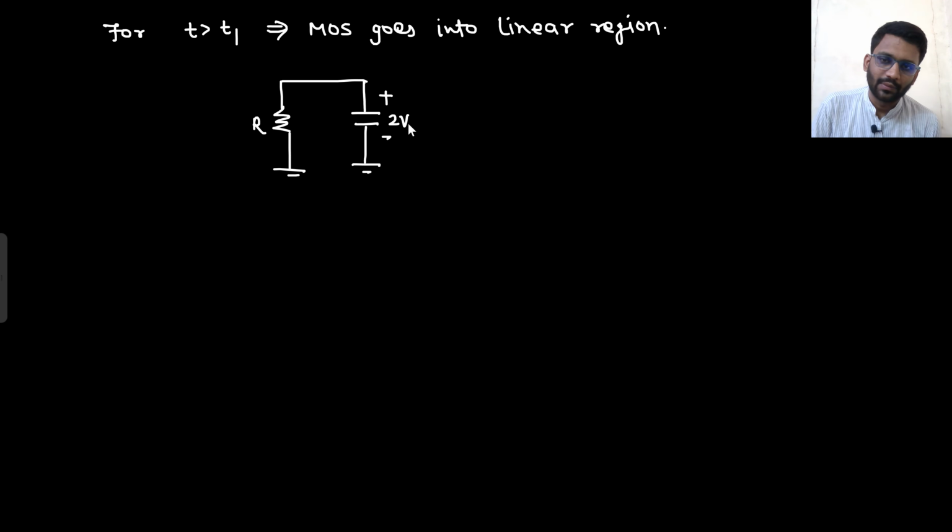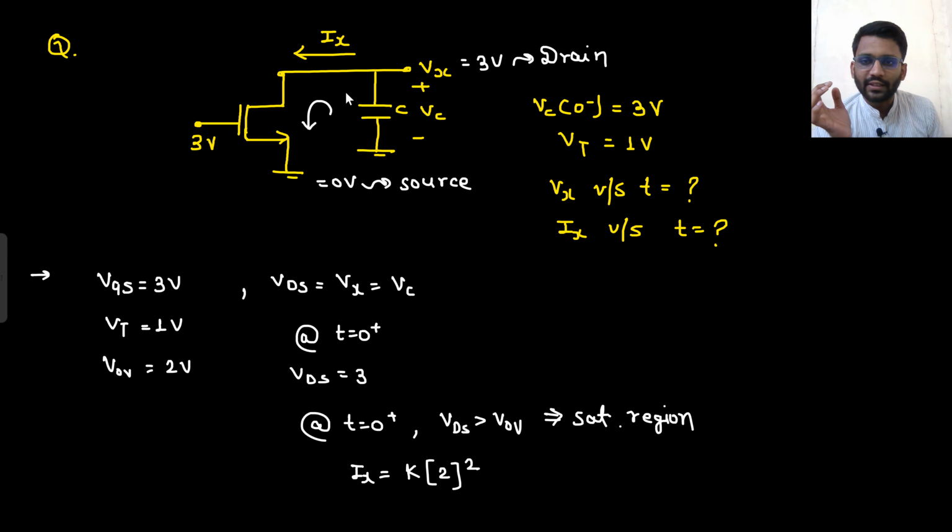This is your Vx, which is at 2 volt now, and this is your Ix. What will happen? It will get discharged. Till what voltage? 0 volt, because when there is 0 volt here, Vds becomes 0. If Vds is 0, the current will be 0, right?